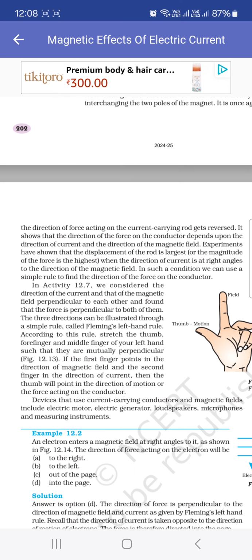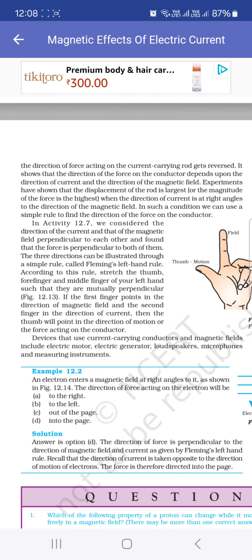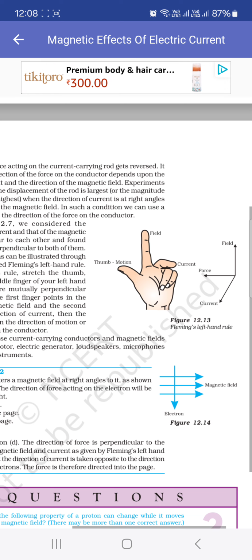Next comes Fleming's left hand rule. Hold the forefinger, the center finger and thumb of your left hand at right angles to one another, as shown in figure 12.13.